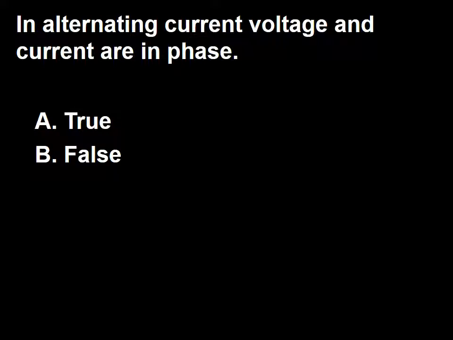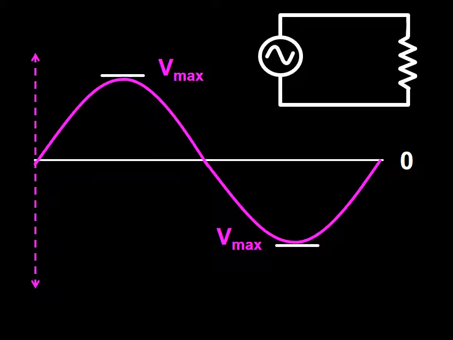Next question. In alternating current, voltage and current are in phase. A, true, B, false. This diagram represents the voltage curve produced by alternating current going through a purely resistive circuit.